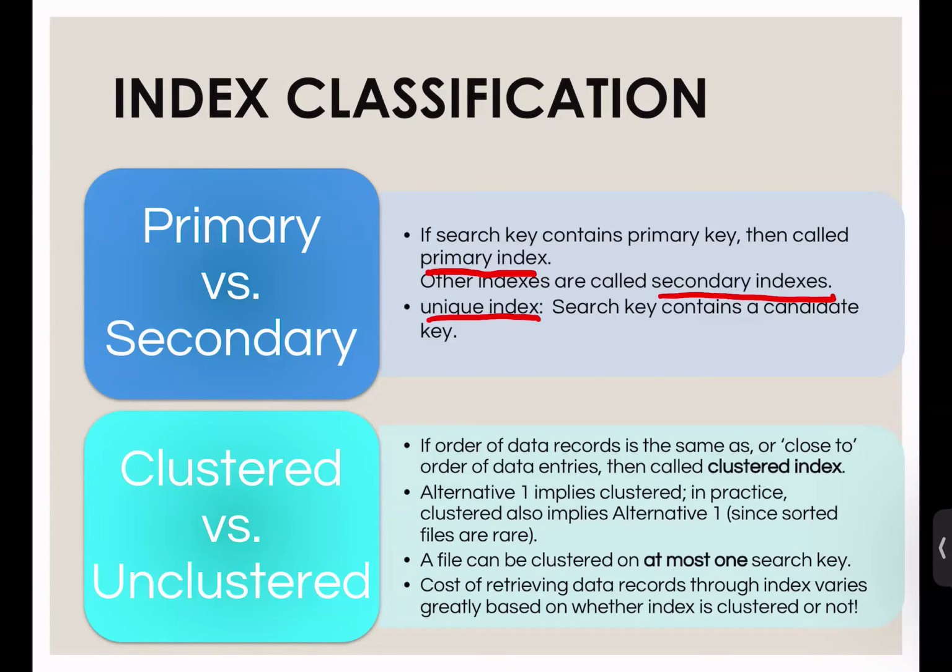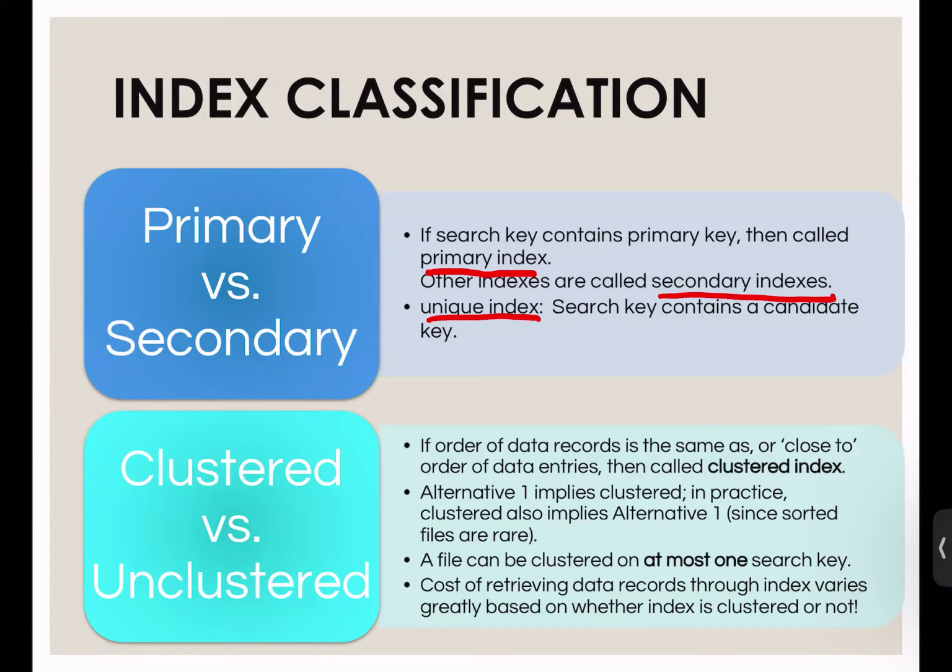Another way is to look at it as a clustered index or an unclustered index. Clustered index is easy. If the order of the data records, the real records, and the order of the index itself have similar ordering, we call it a clustered index.